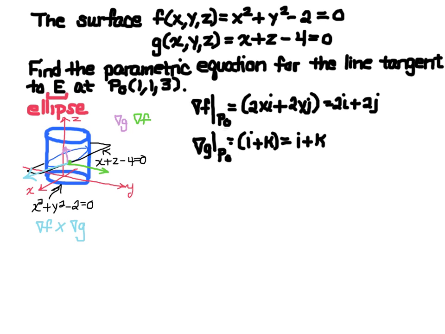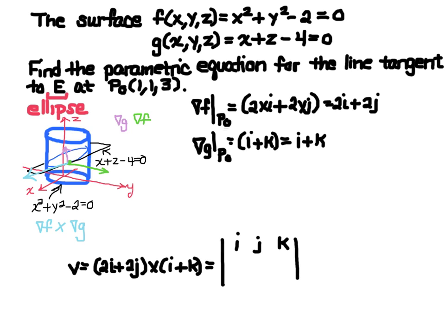So those are our two gradients. And what we want to do here is find the vector v, which is going to be the cross product of the gradient vector f and the gradient vector g. So that's going to be the cross product of 2i plus 2j, crossed with i plus k. And that's going to give us a determinant, i, j, k here. And we have a 2, 2, and a 0, and then we have a 1, 0, 1.